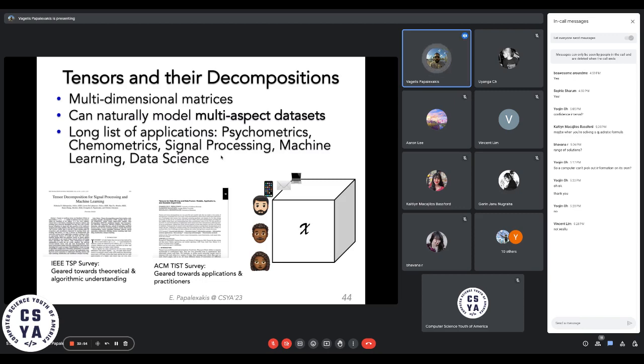And why is this an interesting and important problem? Because it has applications in a really diverse set of domains.